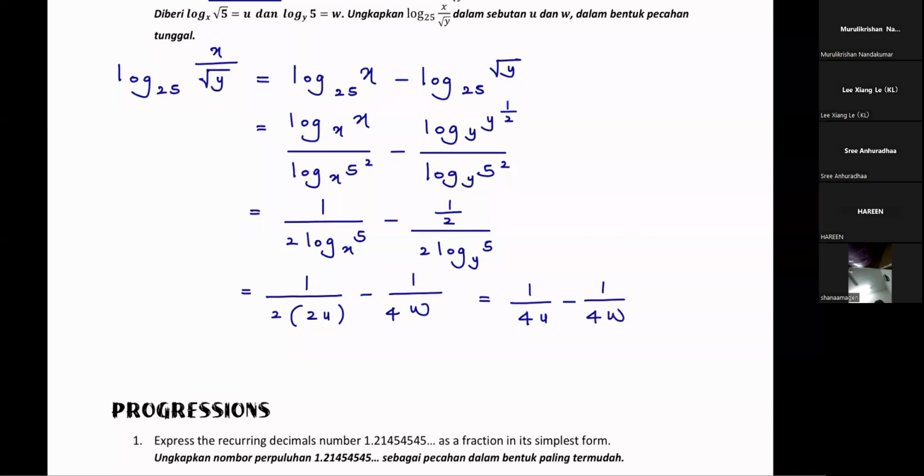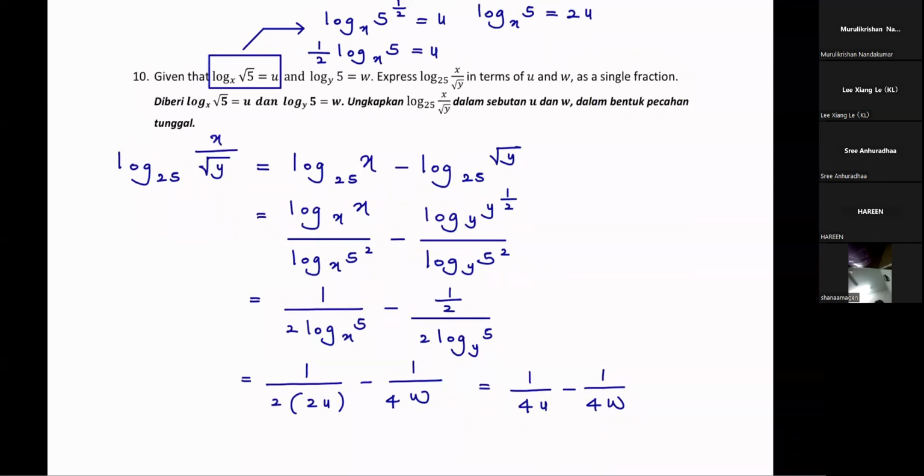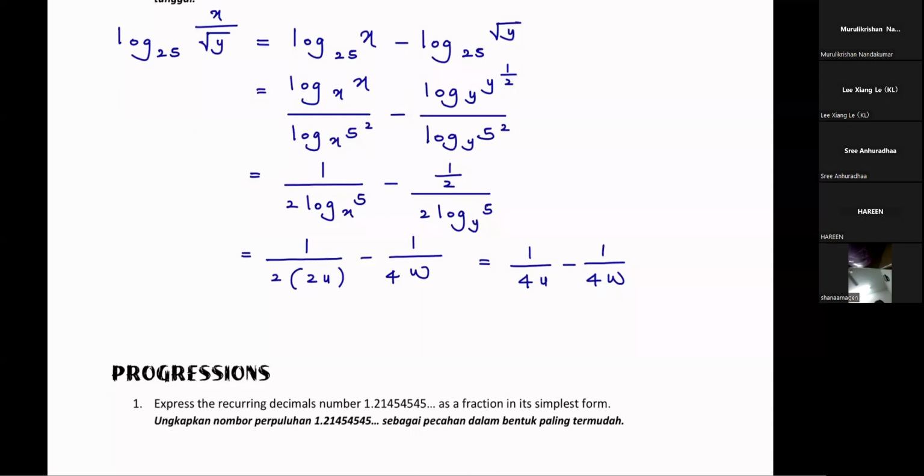And is that they ask any single fraction? Yeah, sorry. They ask in single fraction. That means you need to give me a single fraction. Single fraction answer. 4uw. That means this is w minus u. Faham kan? Sebab ingat tak ni?